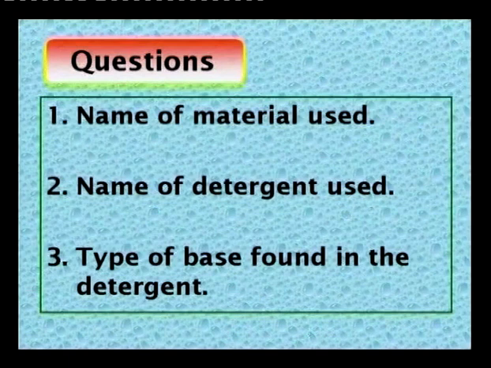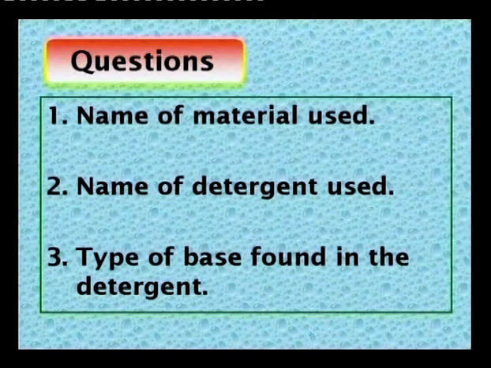Now let's hear from a student in the class to tell us the type of material that they have used to wash the utensils and the stainy or dirty cloth.